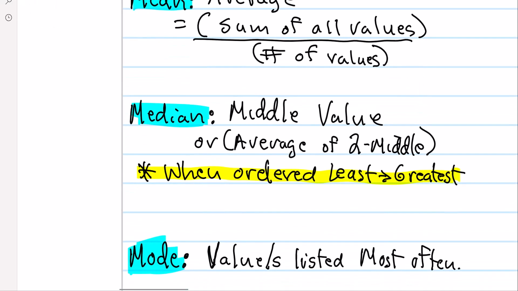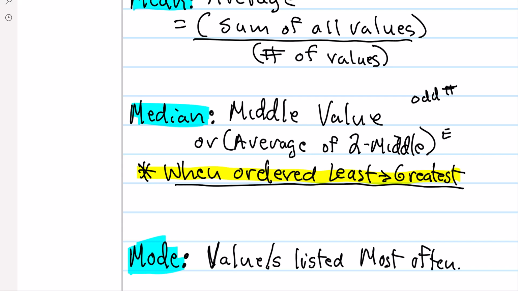All right. The median is the center of all the values when you order them least to greatest or greatest to least, usually least to greatest. Now, it's the middle value when there are an odd number. But when there's an even number, you take the 2 middle values and find the average.